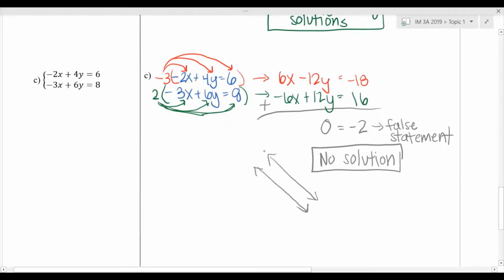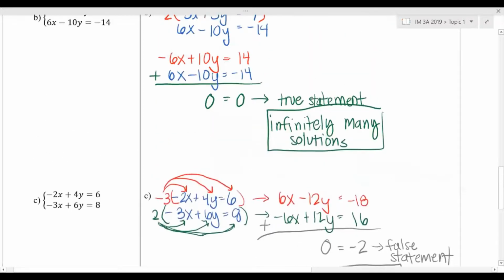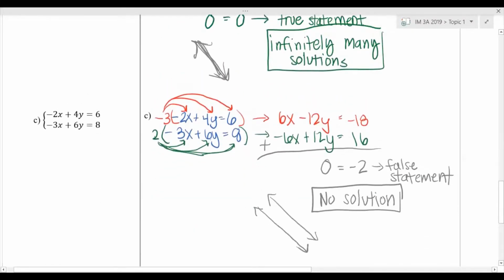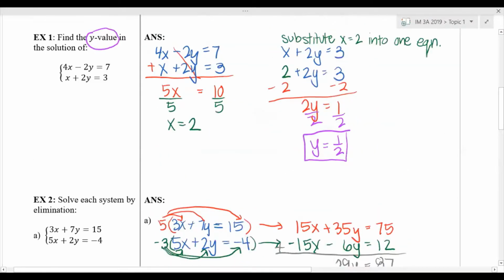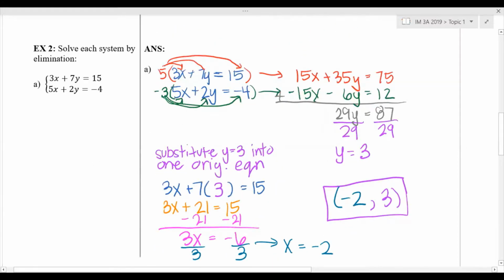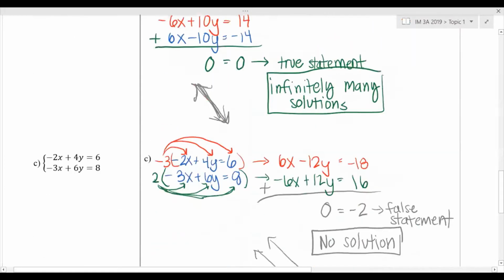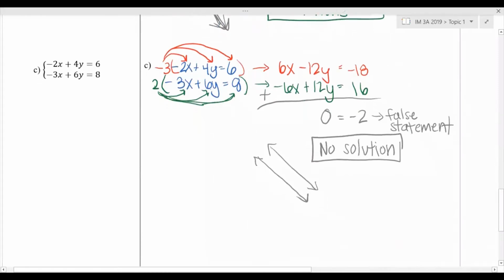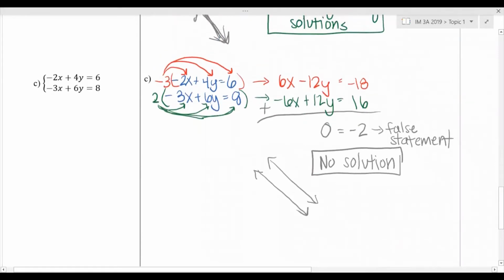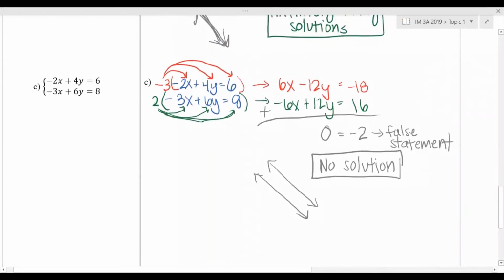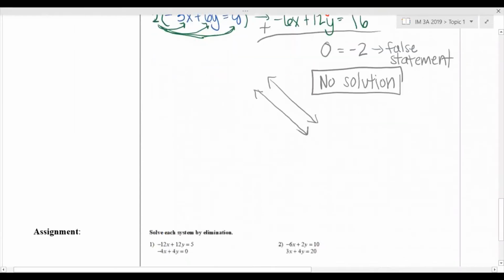Whereas for this one, if I were to graph the two lines visually, I would have the exact same two lines, so they would overlap. Okay. So sometimes we have to multiply both equations by a number to eliminate. Sometimes we just have to multiply one equation by a number to eliminate. And we'll see all kinds of different answers in terms of ordered pairs, infinitely many, or no solutions.